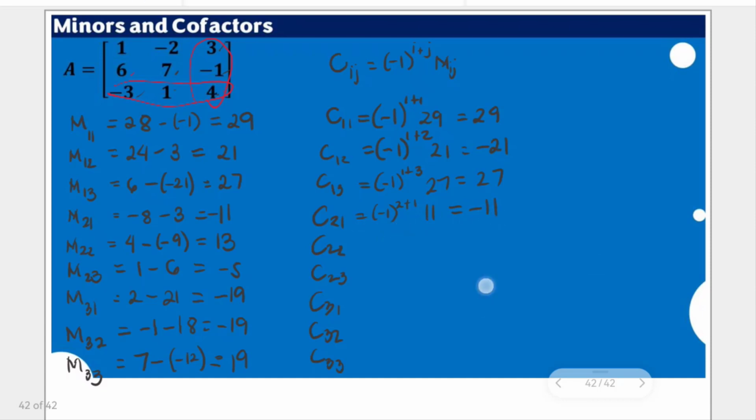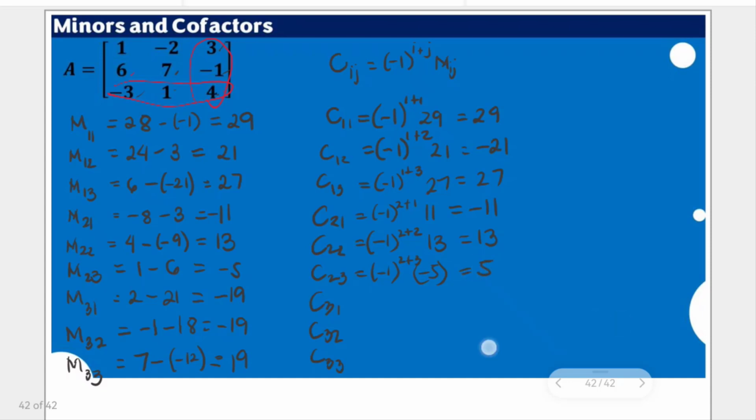Here, you will have negative 1 to the 2 plus 2, and then times 13, that's even, so it stays positive 13. Next here, you will have negative 1 to the 2 plus 3, so that's odd, so negative of 1, and then times negative 5, you will have positive 5.